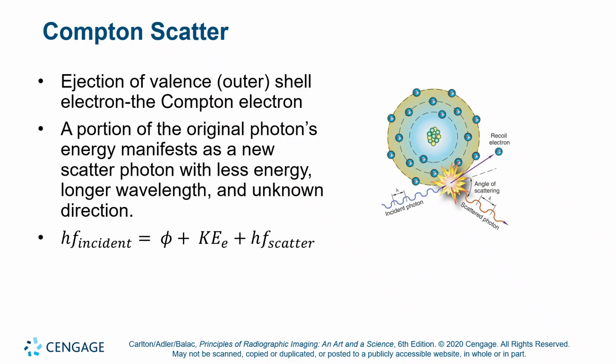But then there's some energy left over, and so you actually get a second electromagnetic wave with a longer wavelength, less energy. So in other words, you get a scatter photon.